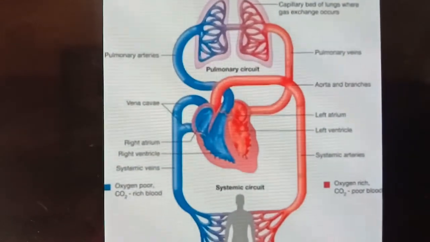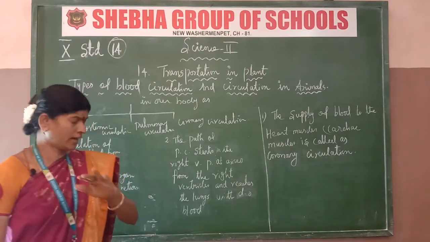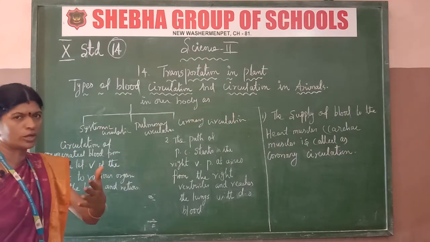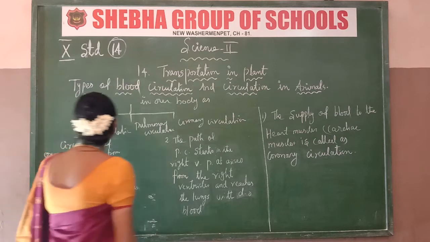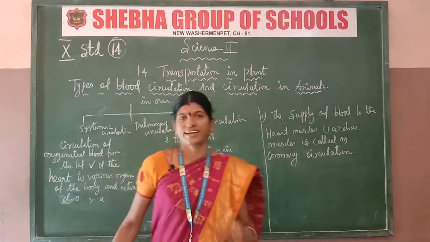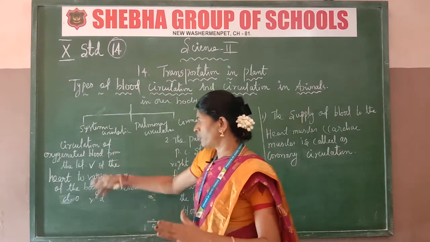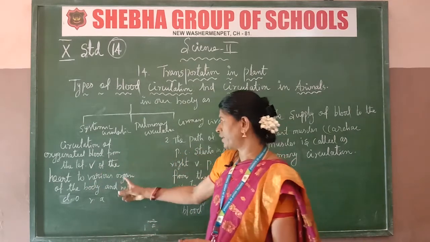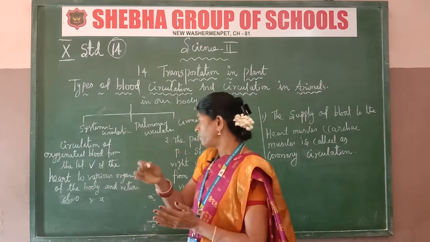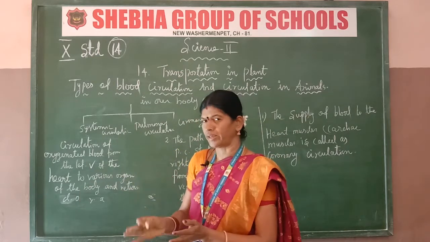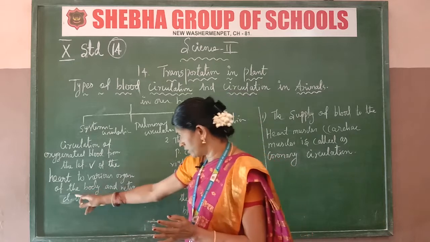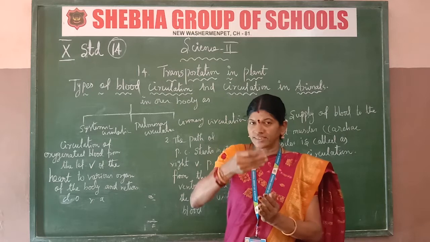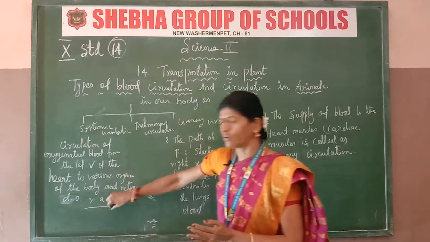It's clear? Okay. Once again, I will explain the systemic circulation. What is systemic circulation? See the diagram. It is the circulation of oxygenated blood from the left ventricle of the heart to various organs of the body, and the return of deoxygenated blood to the right auricle.